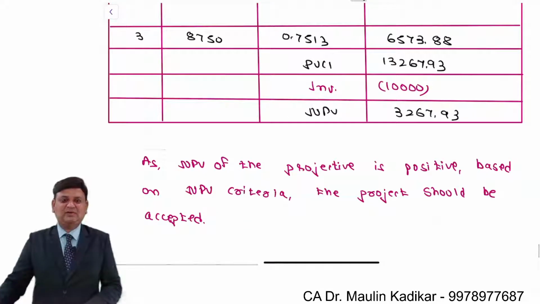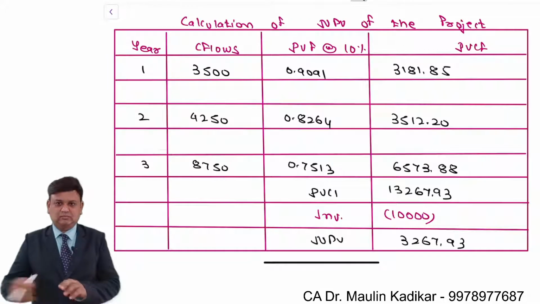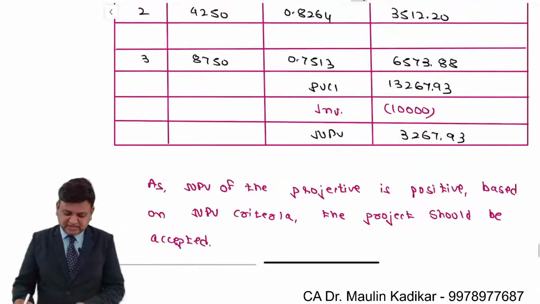This is the way we are required to take the decision. Next is the IRR criteria.